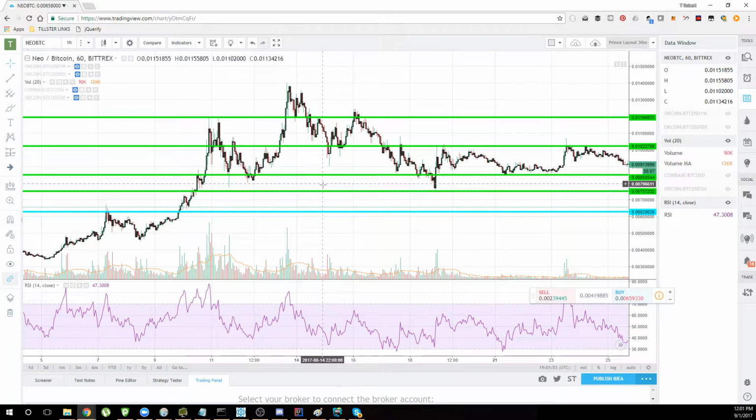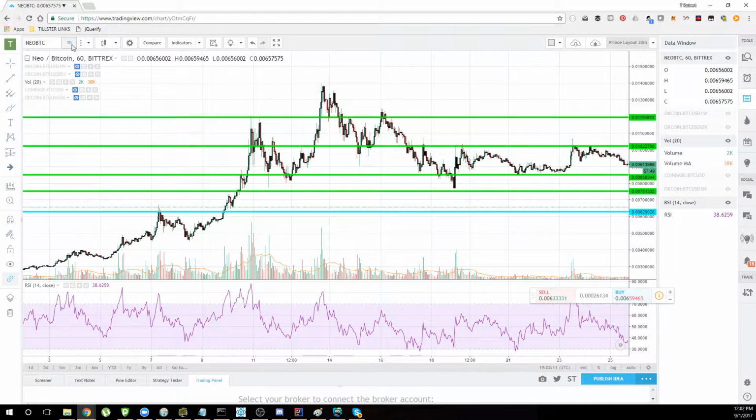One of the ways in which these things work is that we're basically drawing programmatic trend lines. We're trying to use different types of analysis programmatically to draw these trend lines for us so we can see them very easily.